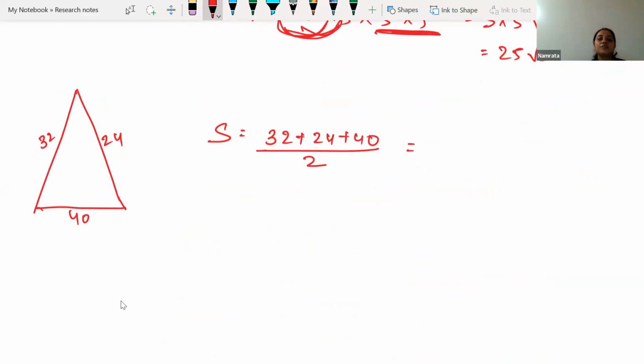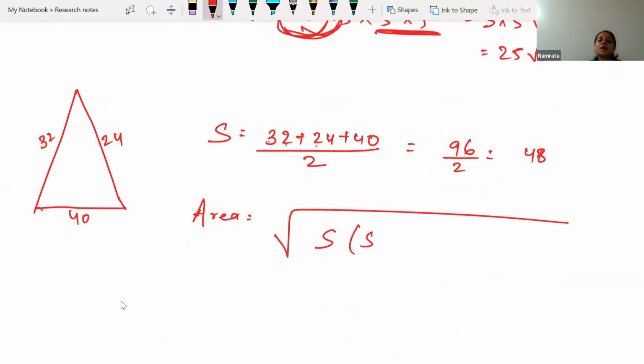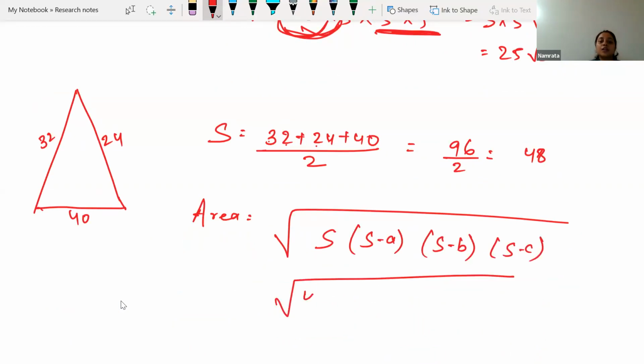That is 32 plus 24 plus 40, that is 96 over 2. That is 48. Now area will be under root S, S minus A, S minus B, S minus C. So, under root 48, 48 minus 32, 48 minus 24, and 48 minus 40.